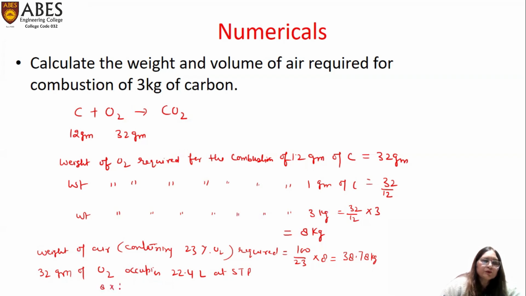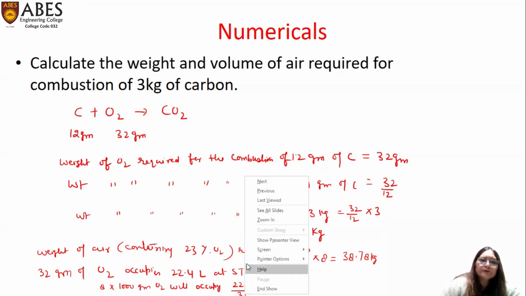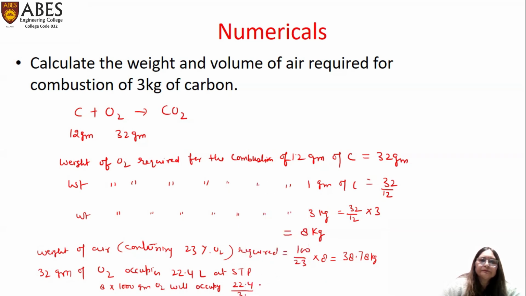8 into 1000 gram oxygen will occupy 22.4 divided by 32 into 32 into 8 into 1000.